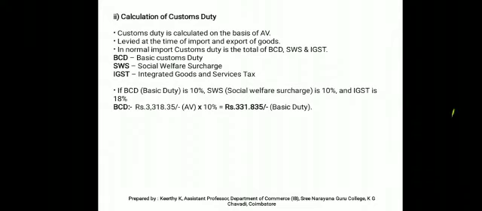The next calculation is social welfare surcharge. Import customs duty is the total of basic customs duty plus social welfare surcharge plus integrated goods and service tax. We got the basic customs duty.